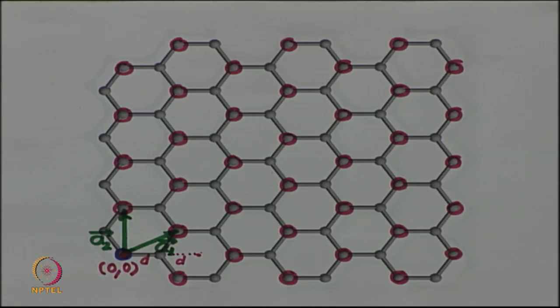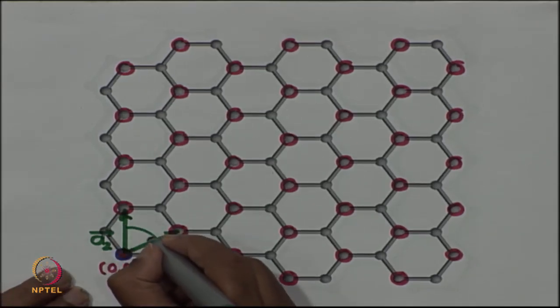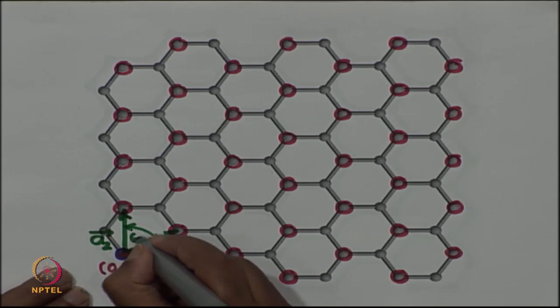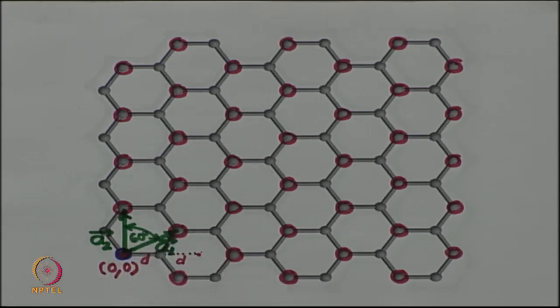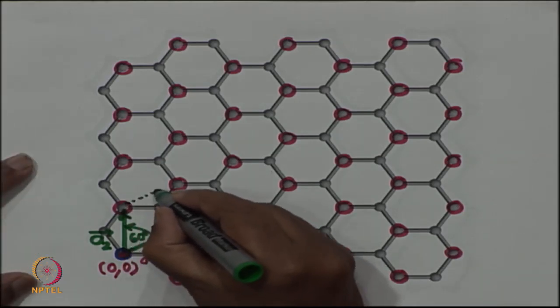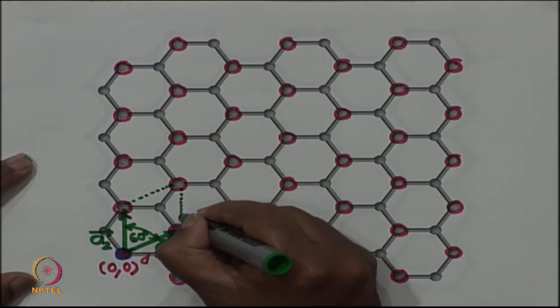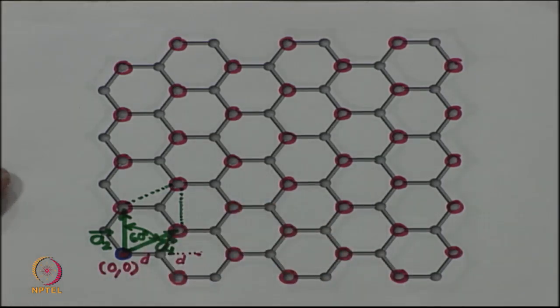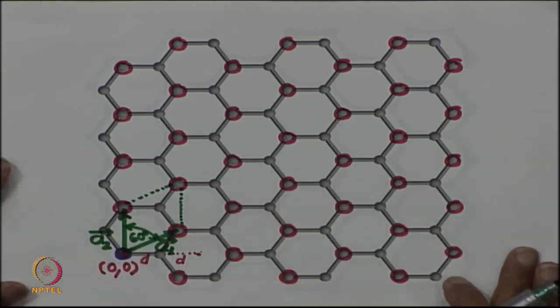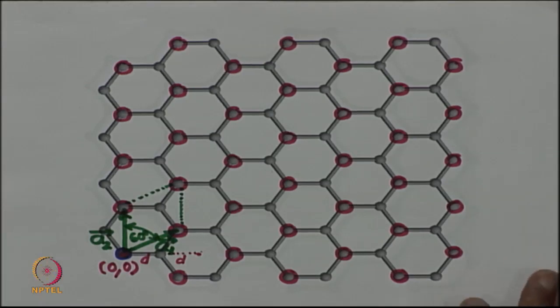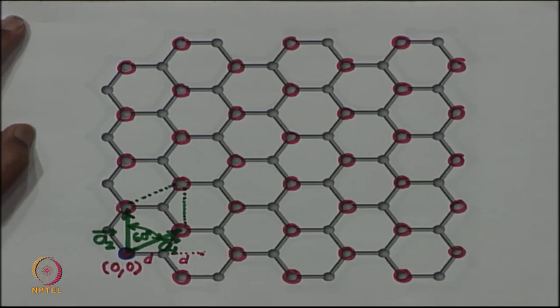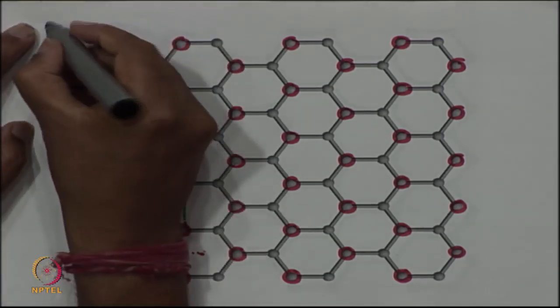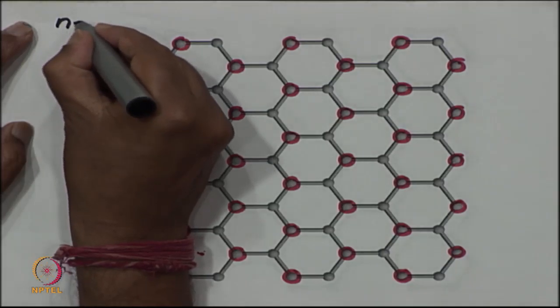These two green vectors, which are at an angle of 60 degrees to each other, define a primitive unit cell of graphene. If I complete this rhombus, it will be a 2-dimensional primitive unit cell of graphene. These two vectors are then used to define all lattice vectors in this graphene sheet. In this exercise, we are trying to explain the NM notation.